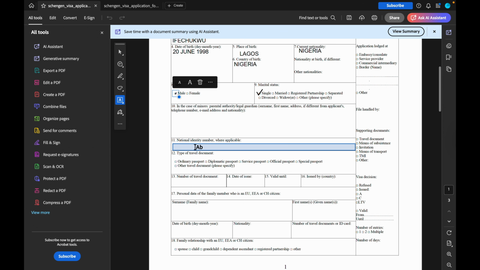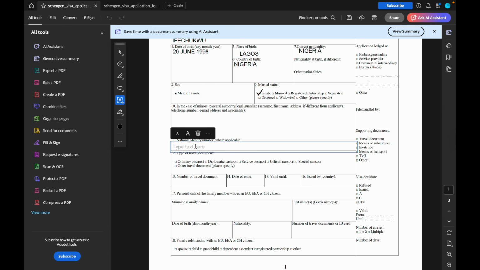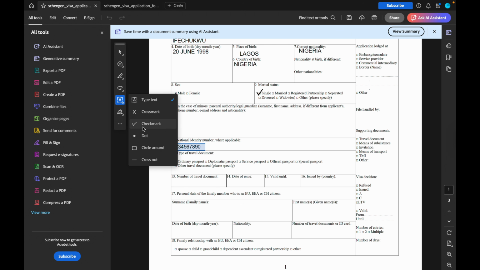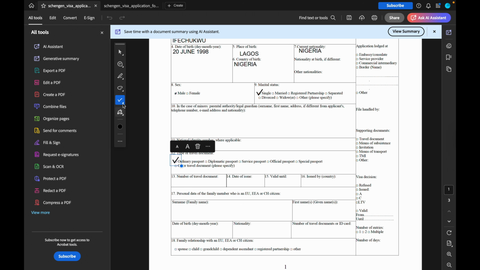The NIN number, which is your national identification number, you insert it. So let's just do 1 2 3 4 5 6 7 8 9 0 as my NIN. Type of travel document is certainly ordinary passport, so I'm just going to change that here to the check mark and click on this, then change back to my writing.